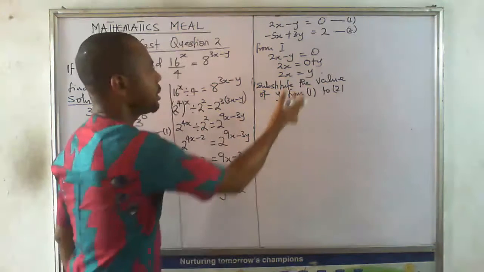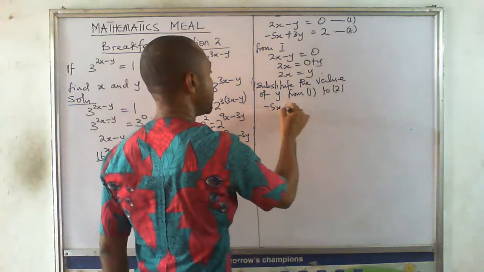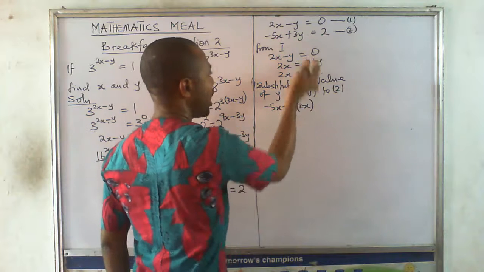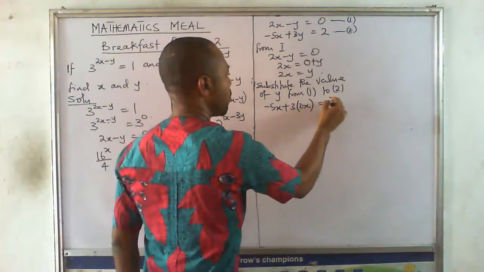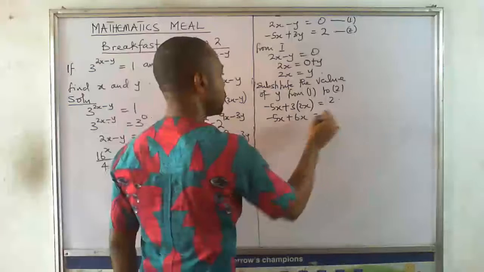If I do that, I'm going to have minus 5x plus 3 times 2x, because y is 2x, equals 2. So minus 5x plus 6x is equal to 2.